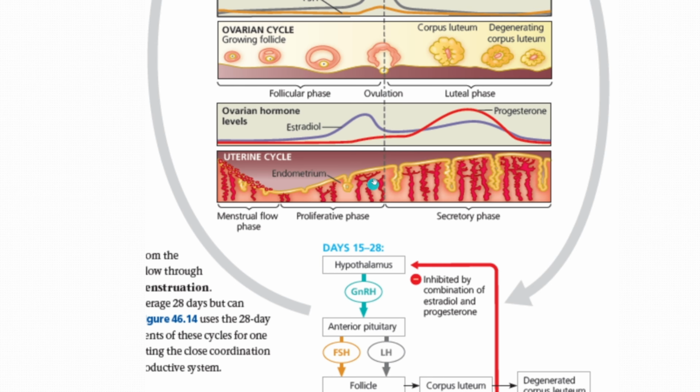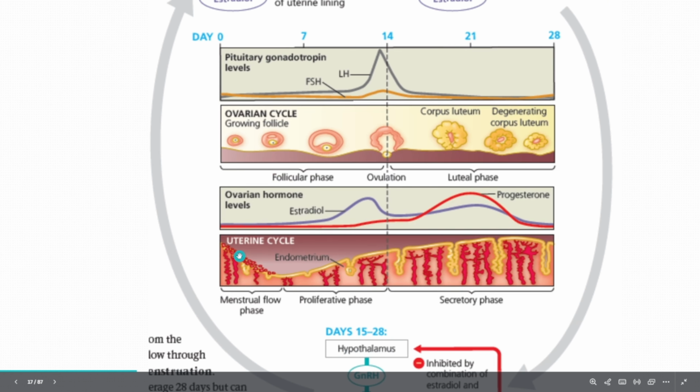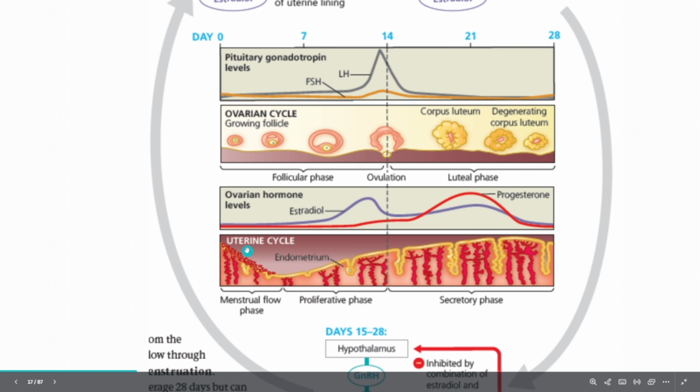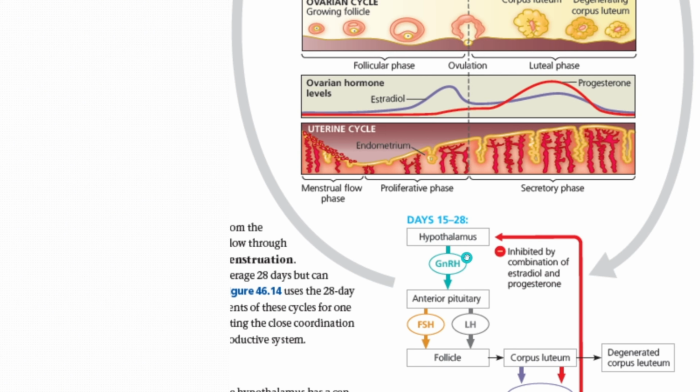It needs to build up the endometrium wall, because at the beginning, day 0 until day 7, this is the menstruation stage. Your endometrium wall is already broken down. So in the new cycle, they need to build up another endometrium wall. So who builds it up? It is estrogen.